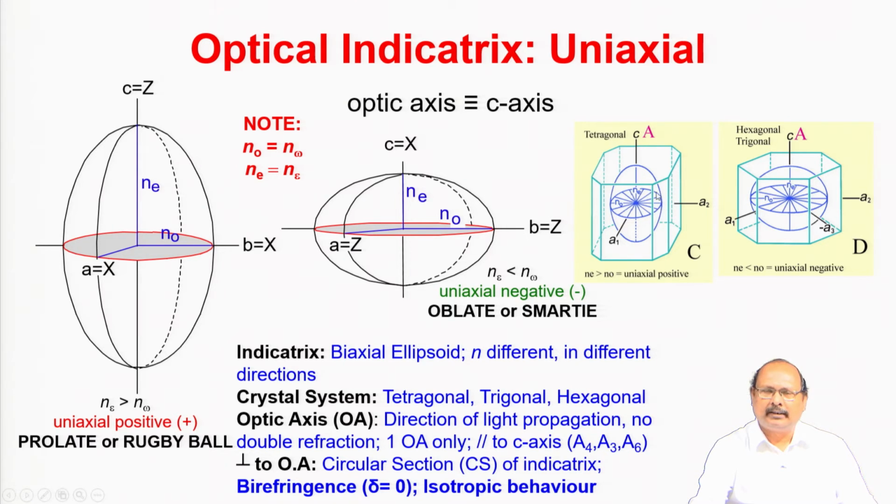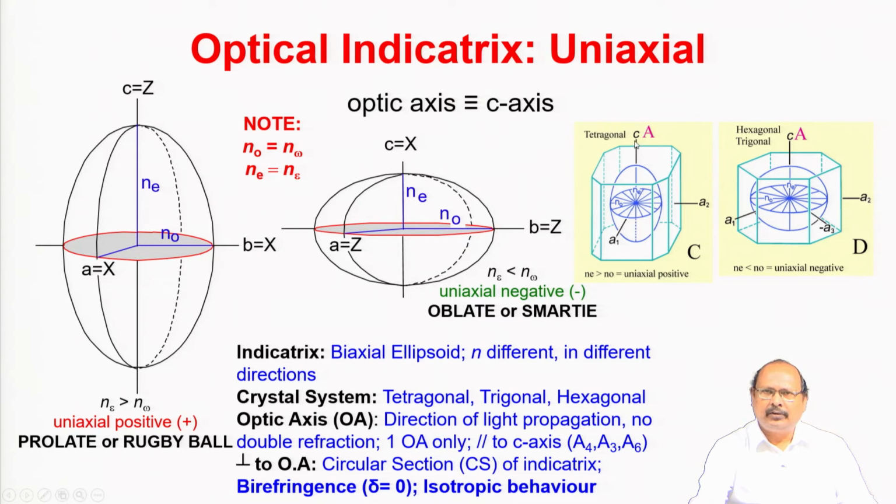You can consider that plane a circular section of the indicatrix, whereas the velocity of rays vibrating parallel to the C crystallographic axis will be different compared to the rays which vibrate perpendicular to it, in the plane of the circular section of the indicatrix.